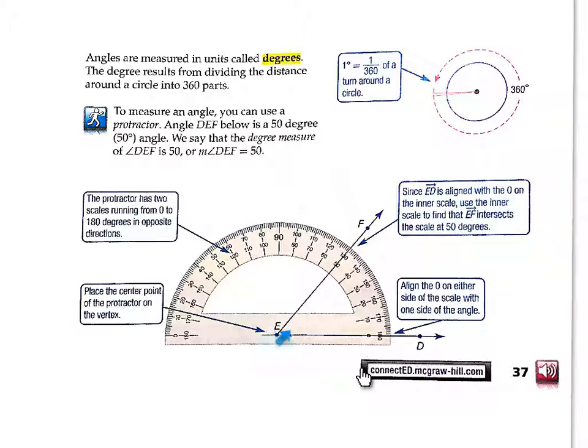That's a 50-degree angle. I use the 50, not the 130, because this side started on 0. So make sure when you're using a protractor, you know which set of numbers you're using when you measure. It goes all the way from 0 to 180, and that's that straight angle again, formed by two opposite rays.